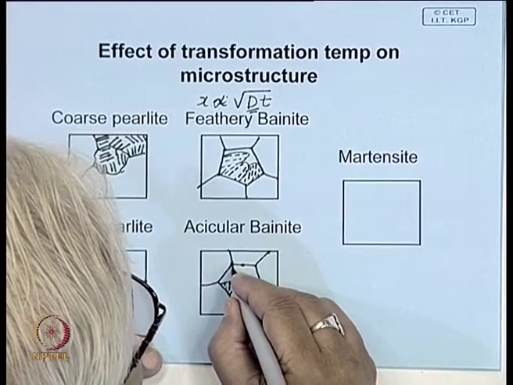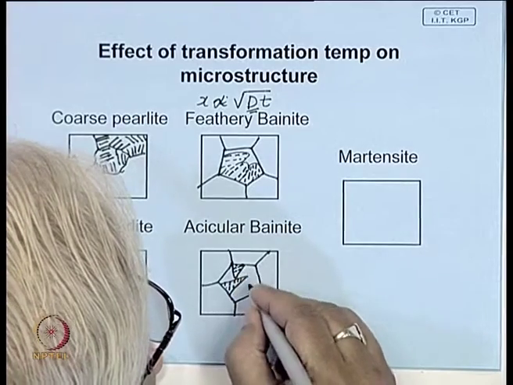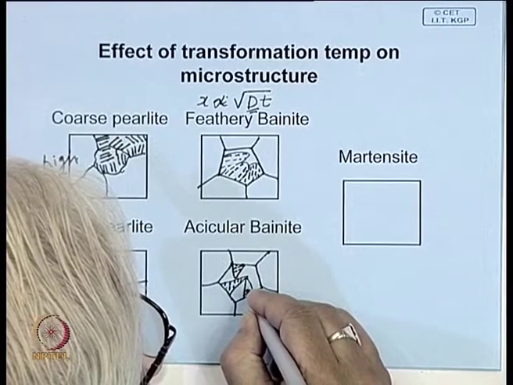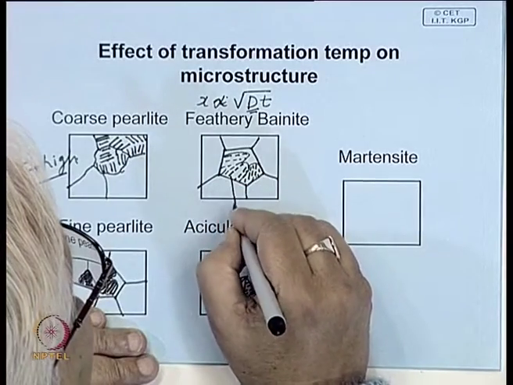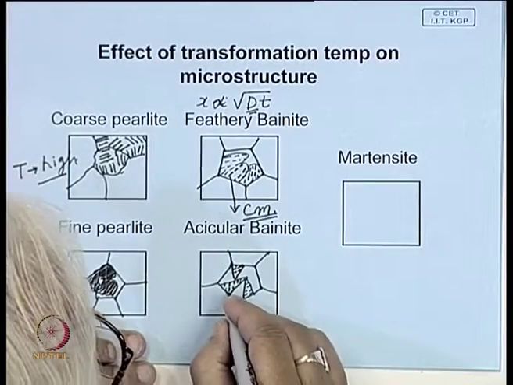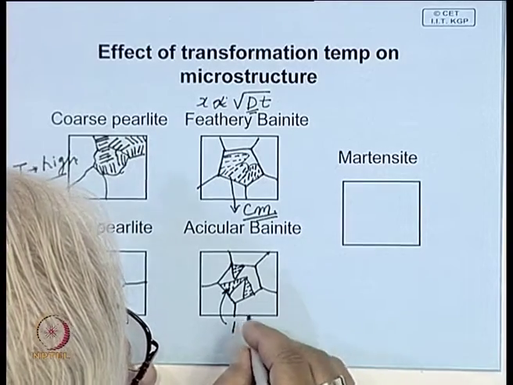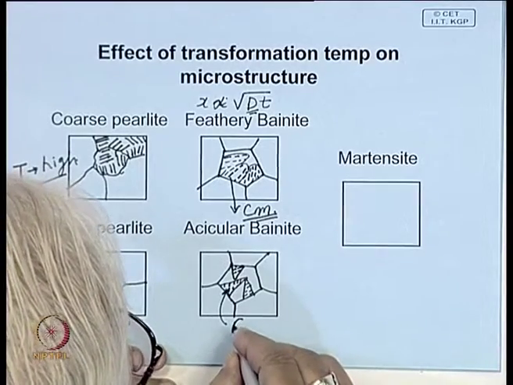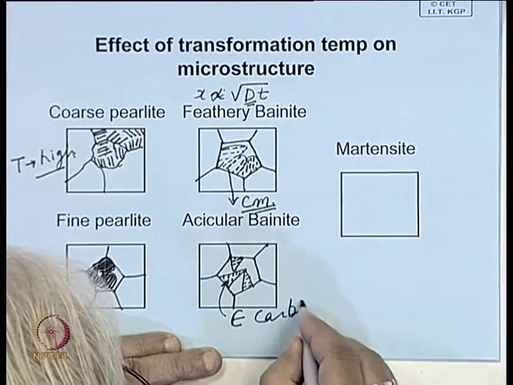So, it may have several of this type of structure. Ferrite has a typical needle-like feature, and these carbides are like this, and this carbide here, although it is cementite, same as in pearlite, is called a different carbide. Its carbon content is a little different. It is called epsilon carbide.